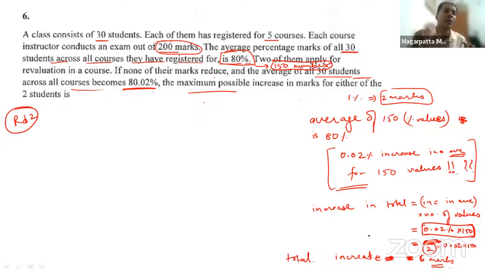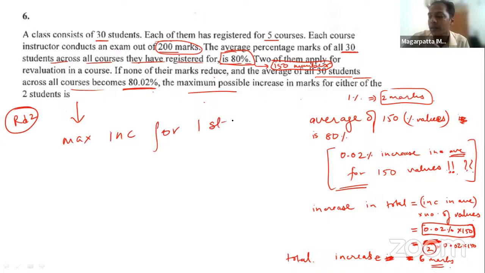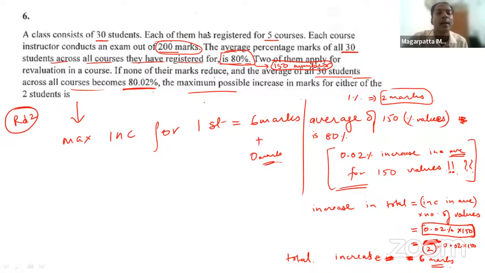It means for a maximum increase in one of the marks, one of them could have a 0 change, and the other one could have the entire change. Therefore, the maximum increase for one student is nothing but 6 marks, keeping in mind that the other student would have a 0 marks increase. Am I making sense?